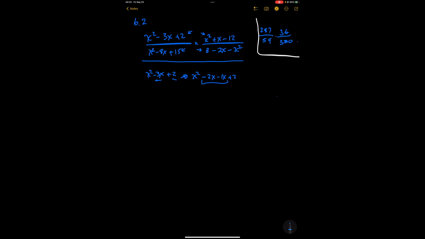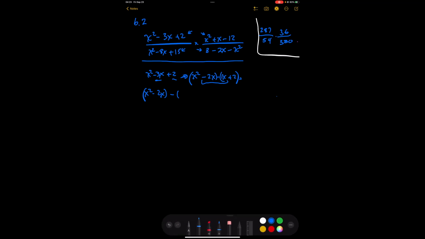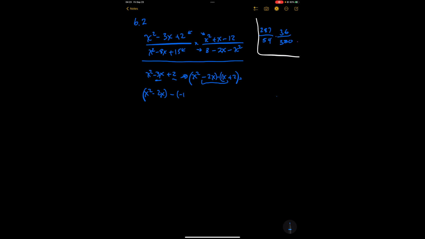So what do I get now? I'm going to put these two together and these two together, and I'm going to get x squared minus 2x, right? And then minus x plus 2.